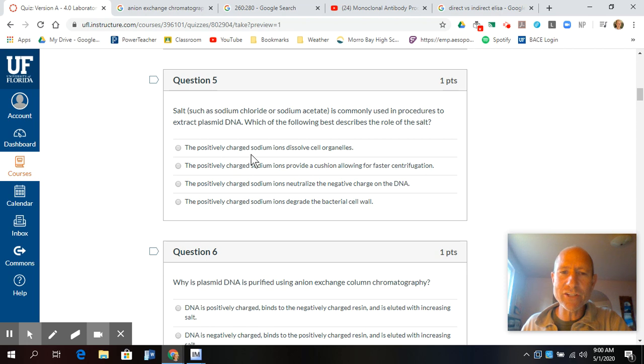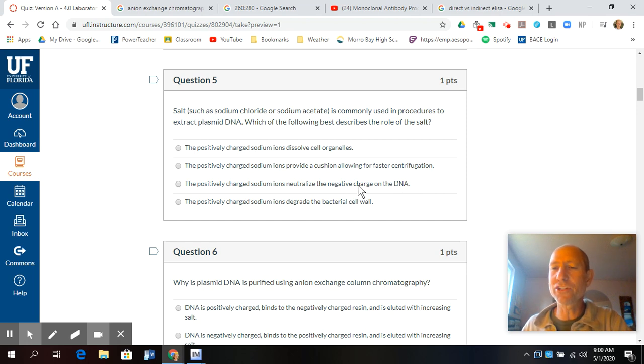Okay, the positively charged sodium ions dissolve cell organelles. That's not going to happen. The positively charged sodium ions provide a cushion, allowing for faster centrifugation. Yeah, that's pure BS. The positively charged sodium ions neutralize the negative charge on the DNA.